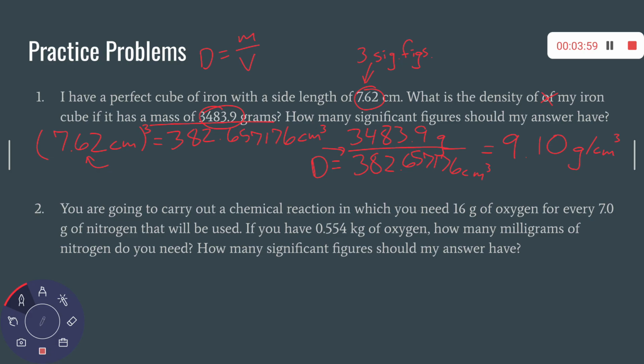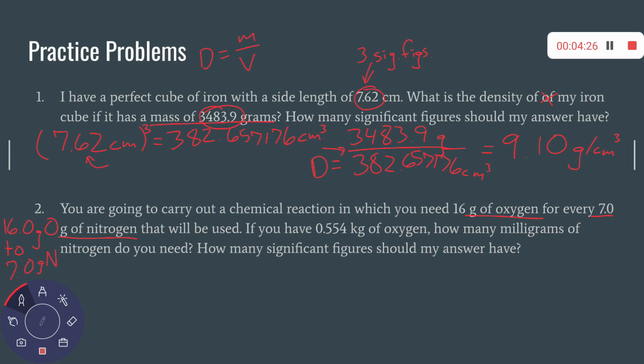So take a breath. I know there's a lot of information in this problem, but this is just a unit conversion problem. So if I look at this, I'm given 16 grams of oxygen for every 7.0 grams of nitrogen. This is really a ratio: 16.0 grams of oxygen to 7.0 grams of nitrogen.